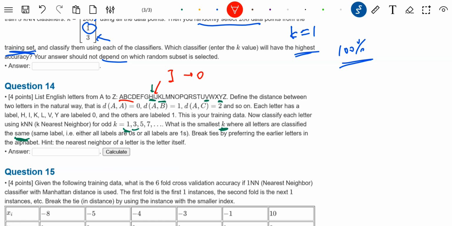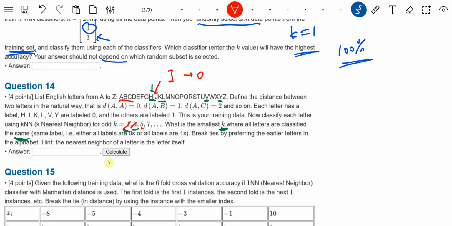So not everything's the same, so 3 doesn't work. That's actually how I programmed the autograder, but if we do it by hand, it's kind of hard. In any case, let's go on.